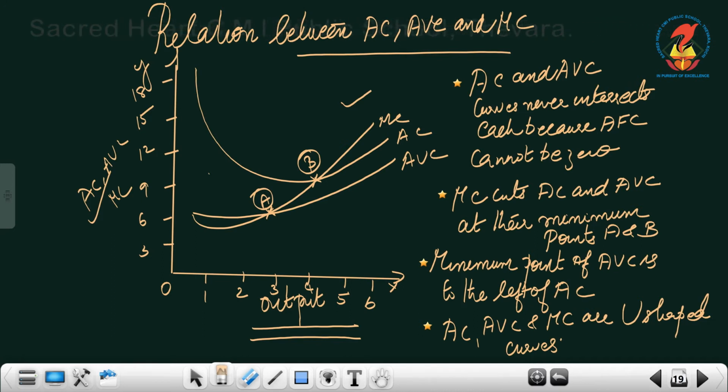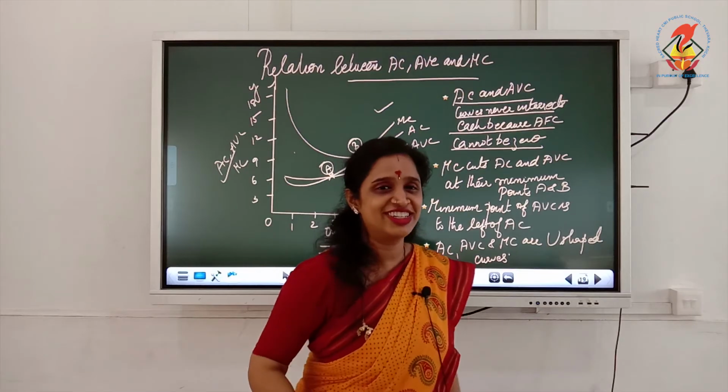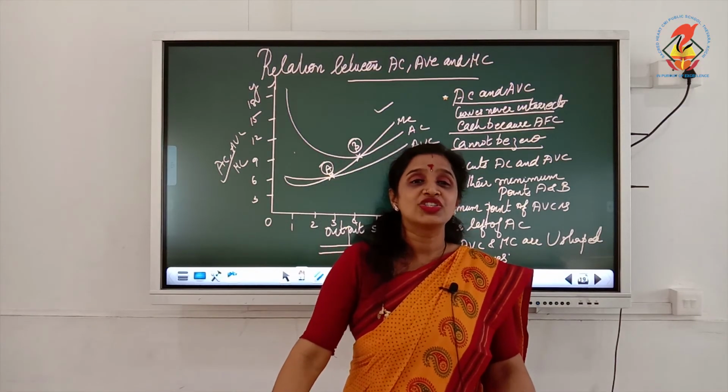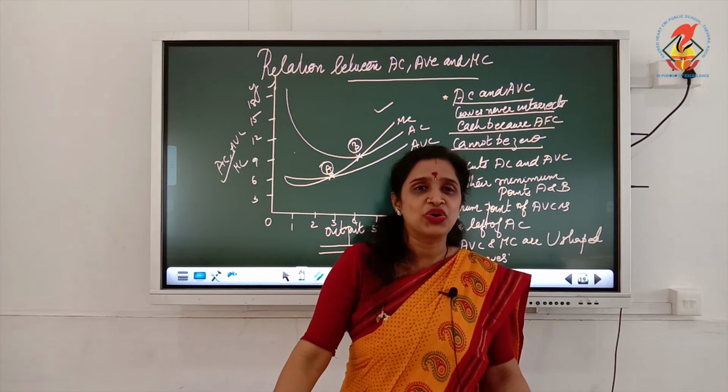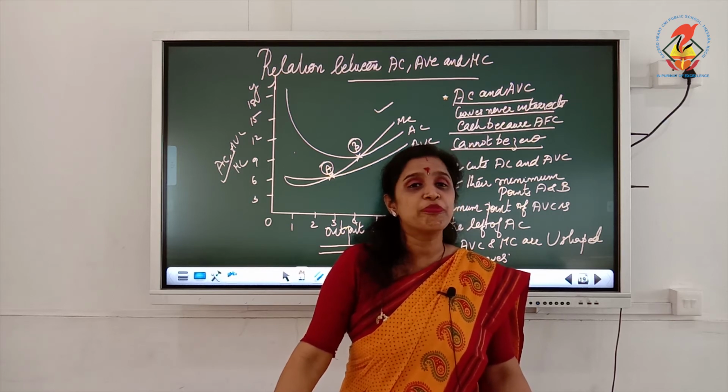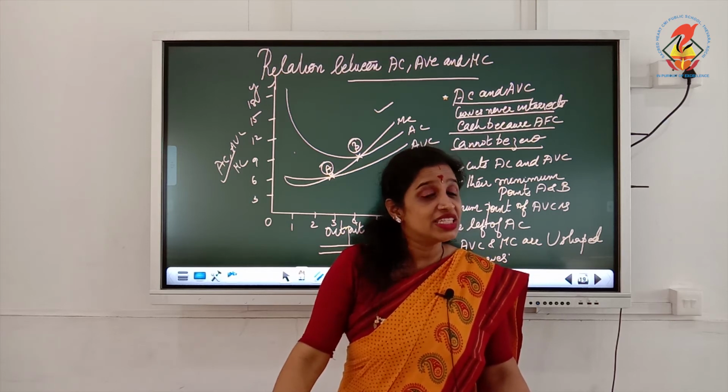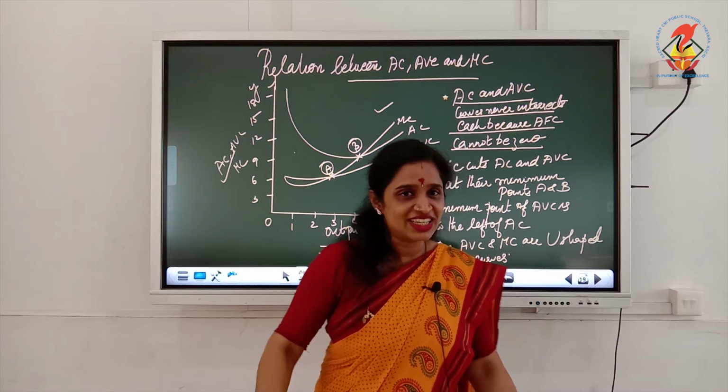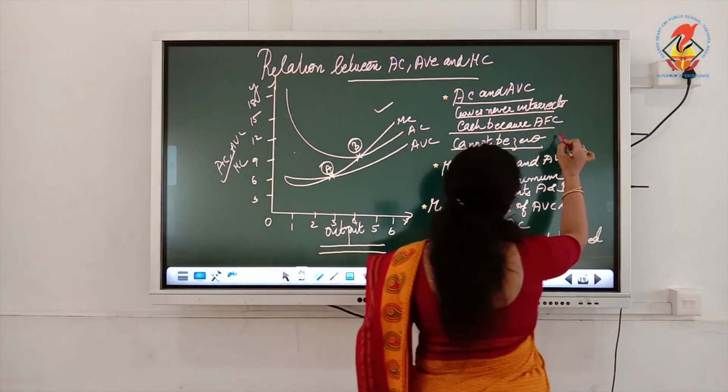First relation is AC and AVC curves never intersect because AFC cannot be 0. This you have learned in the cost curves. When we learned about average cost, we learned the gap between AVC and AC is AFC. Now you can recollect it.